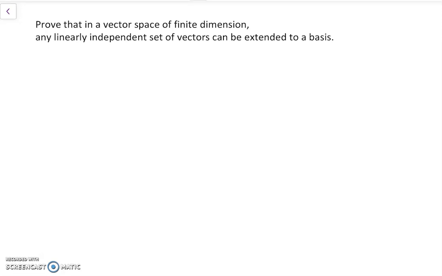Okay, so let's say the linearly independent set of vectors is v1, v2 up to vm, and let's say a basis for this vector space is w1, w2 up to wn.